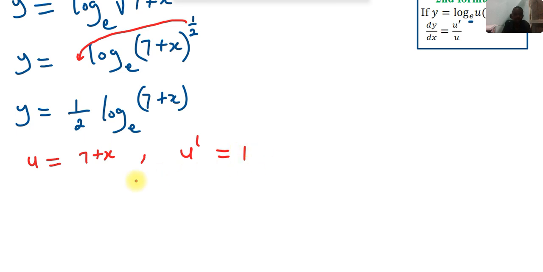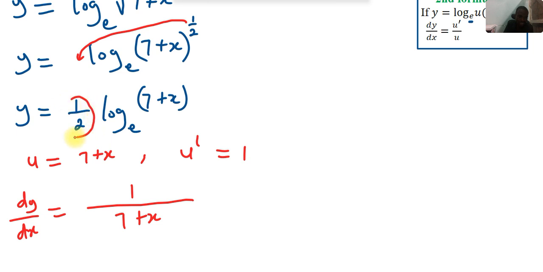Okay, so we now take our dy/dx, and in this case, what's the formula? u prime. What's u prime? That's 1 over what's our u? 7 plus x. But we are not going to throw away the constant that we have, this half.